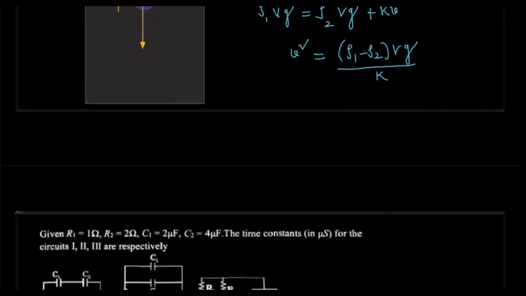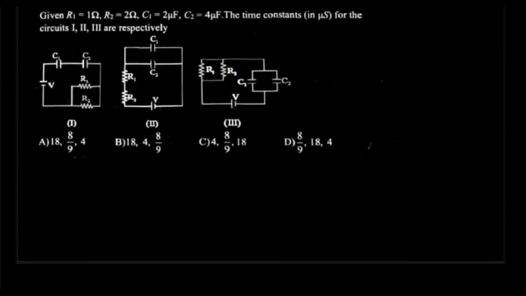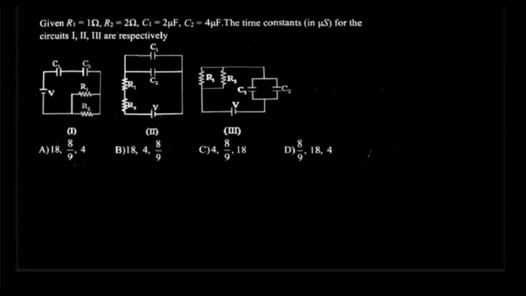Clear? Next one. Given R1 is equal to 1 ohm and R2 is equal to 2 ohm, C1 is equal to 2 microfarad, C2 is equal to 4 microfarad, the time constant for the circuit is. Since this is an RC circuit, the time constant can be written as tau equal to R into C. Therefore this tau can also be written as tau equal to R equivalent into C equivalent, right?